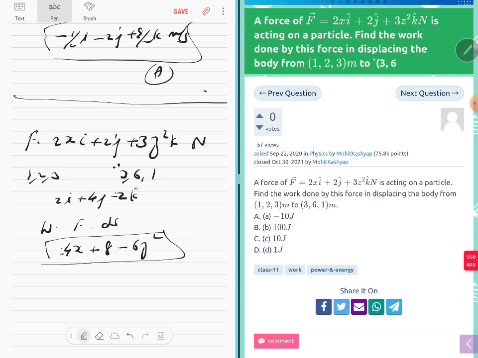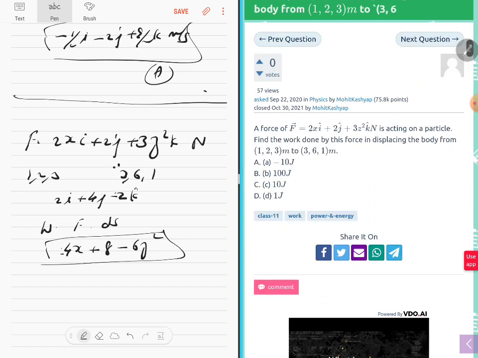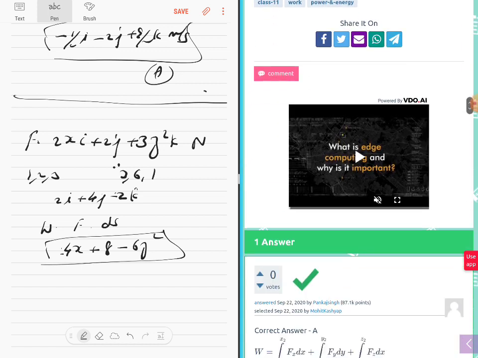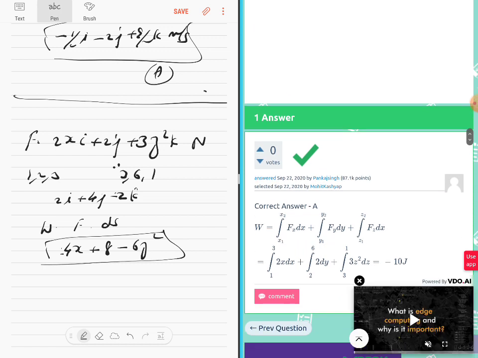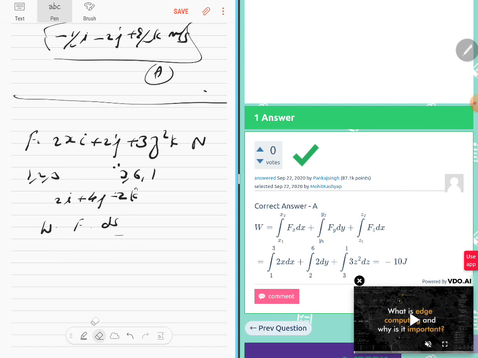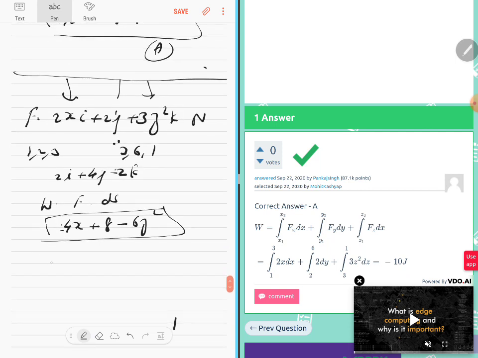And how do I find the magnitude of it? Because I have all in terms of x and y. Let me see that. Work done by this force. Okay, the work done is force into displacement, right? But you can't when it is in terms of x and z and all. So you just have to integrate every component separately.